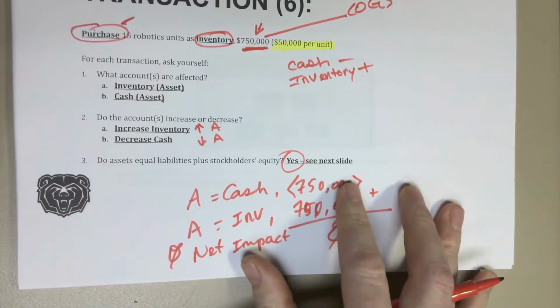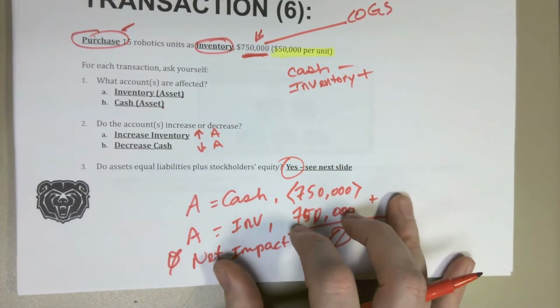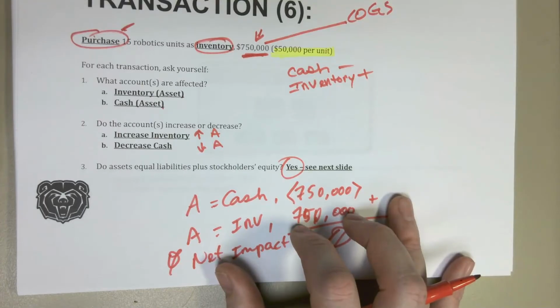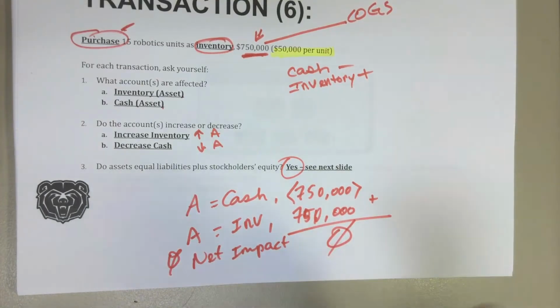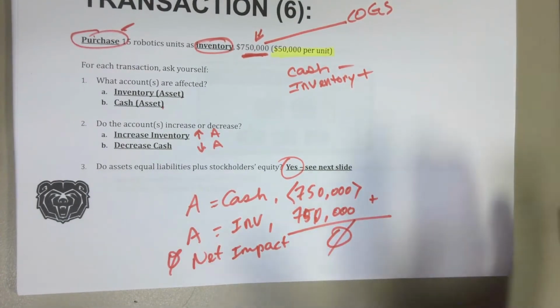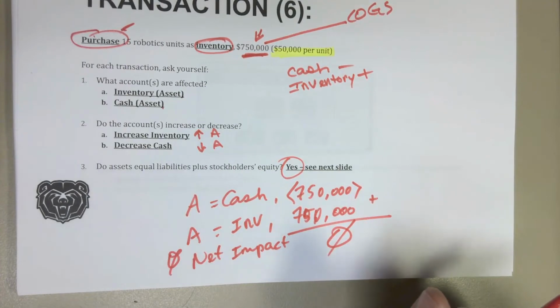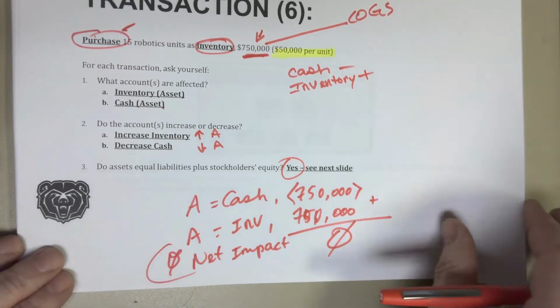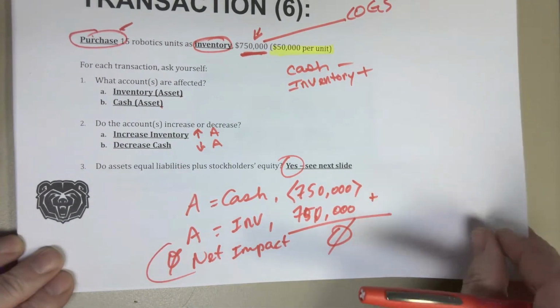Now, this is an excellent question for an exam. Okay, it would be worded like, let's say, Eagle Robotics purchases 15 robotic units as inventory for $750,000. What is the net impact on the accounting equation? Your answer would be $0 net impact. Okay.